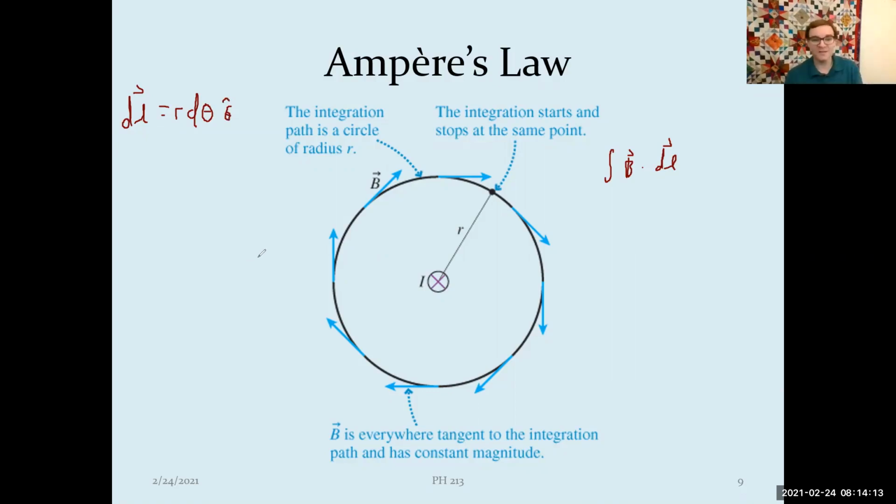And the magnetic field also points in the theta direction, so the dot product is going to give me 1. So I'm basically integrating a magnetic field, which is uniform, times a radius, which is also not changing as I go around the loop, d theta. And in physics, we always put limits of integration on here. So this is going to go from 0 to 2 pi, once around the circle. Super easy integral here. B and r are constant. So this just gives me B times 2 pi r.